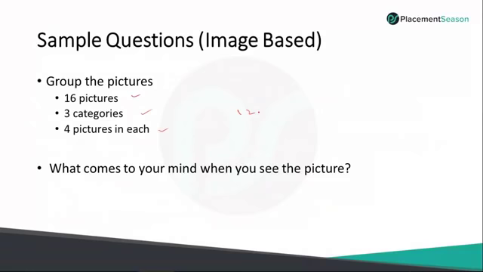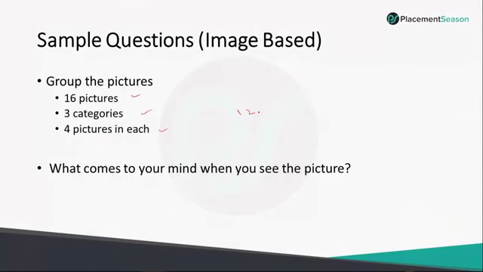The pictures may be related based on color, or based on pattern. It may be based on the image, that is man or animal or plastic, whatever it is. And it can be classified based on personality, or sports, or anything. So you have to think in a different way to get the conclusion.